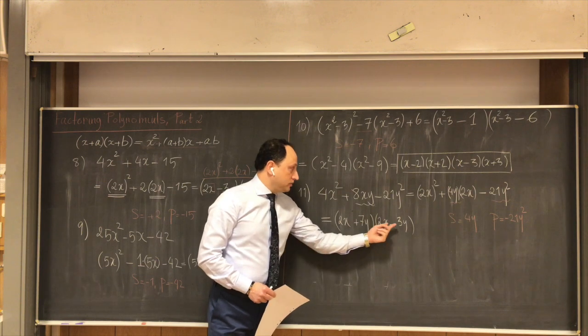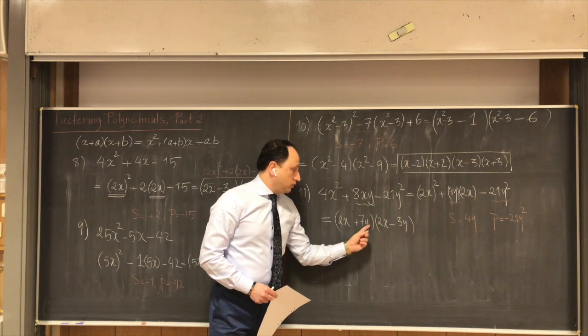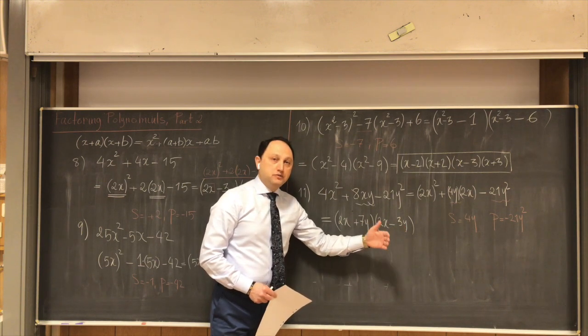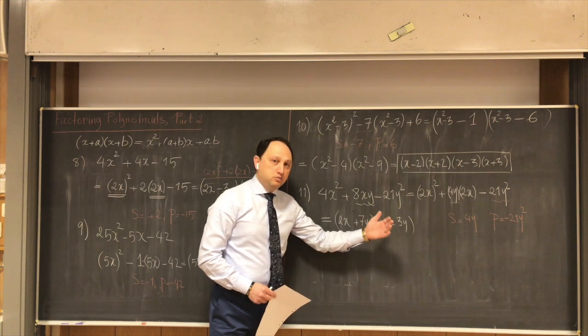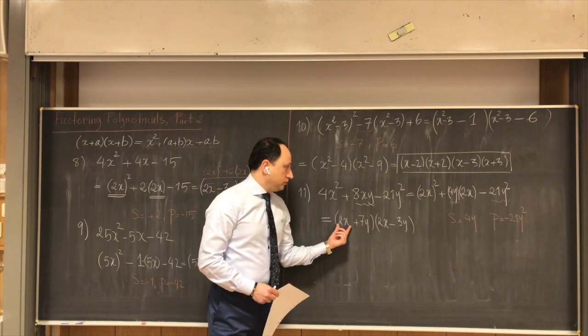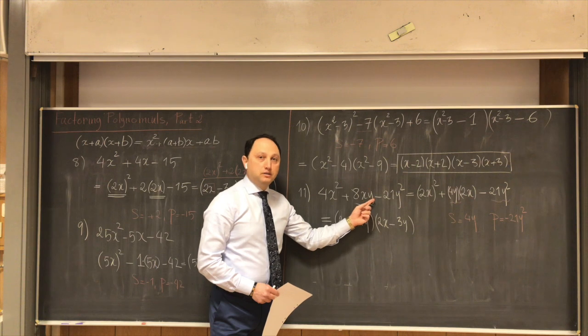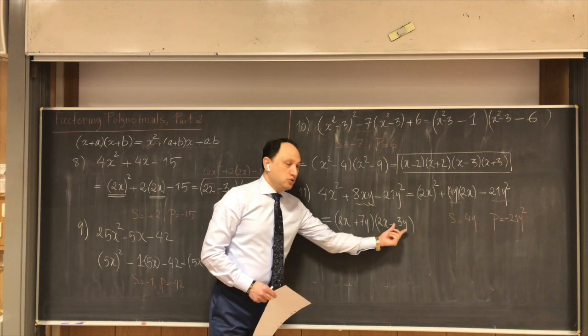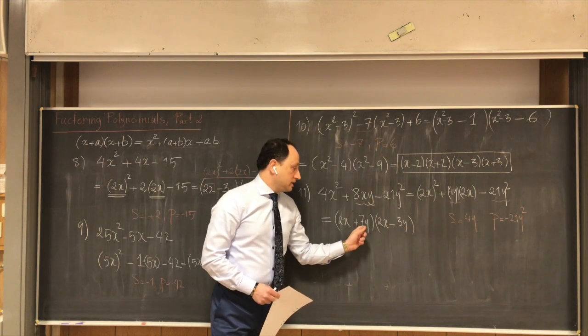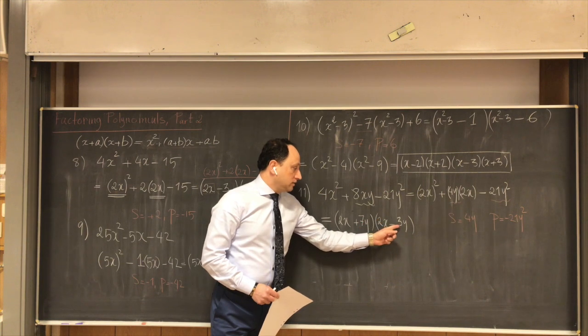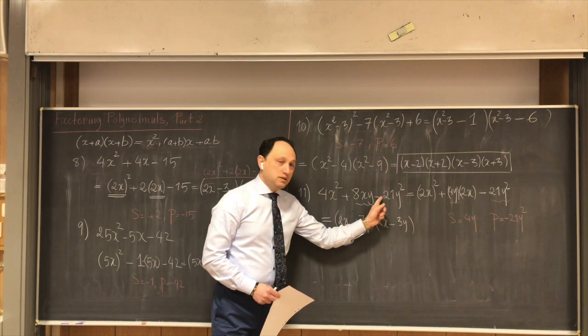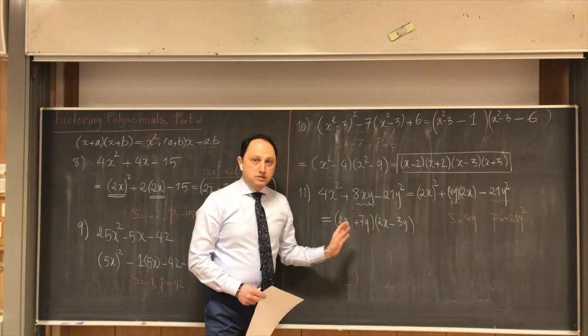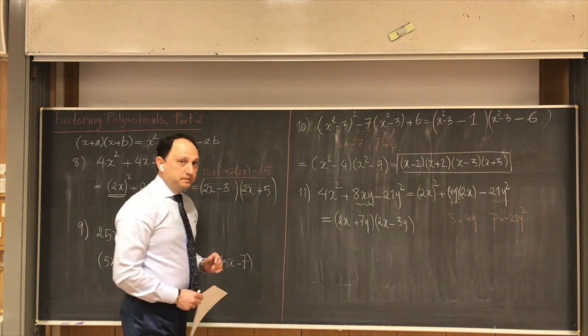When I add them together, 7y minus 3y becomes 4y. And if I multiply 4y by the common term 2x, it becomes 8xy. And if I multiply these 2 uncommon terms, 7y times minus 3y becomes negative 21y squared. That is also possible. Okay?